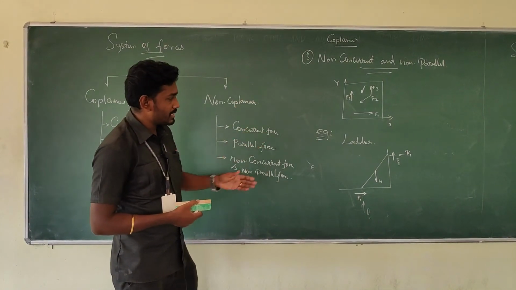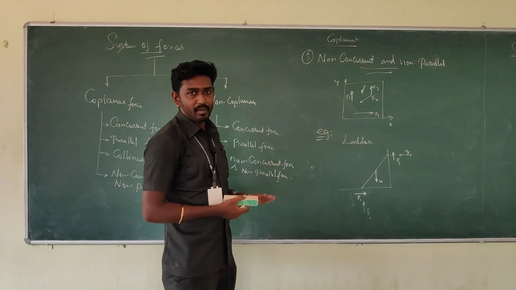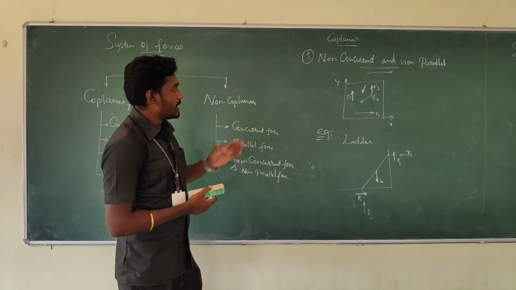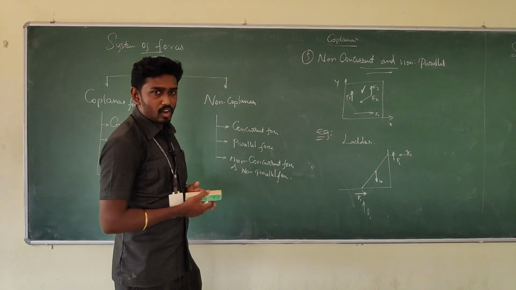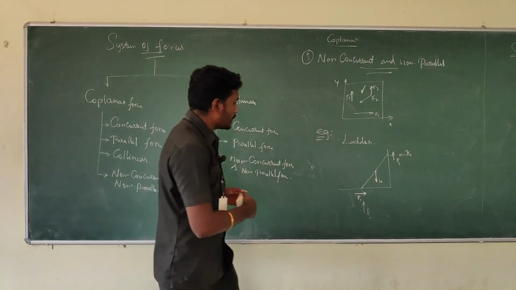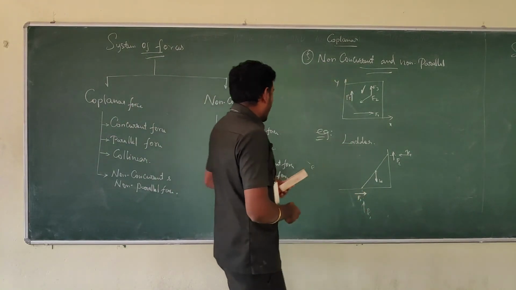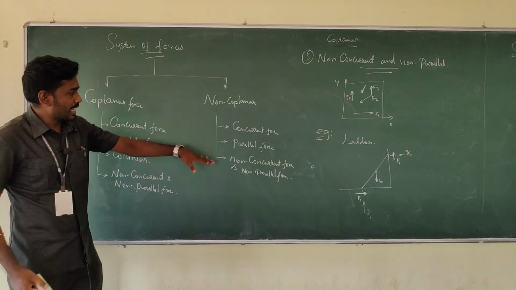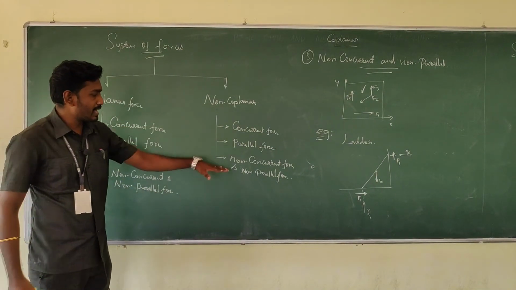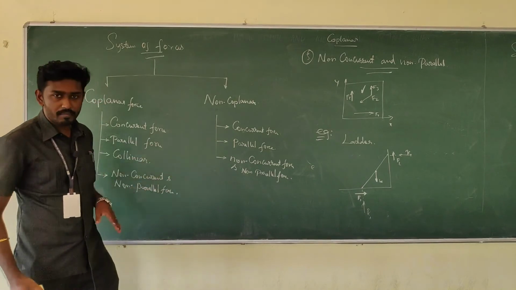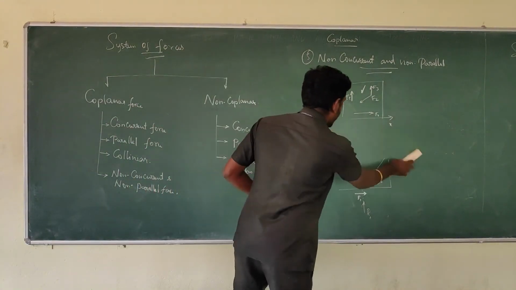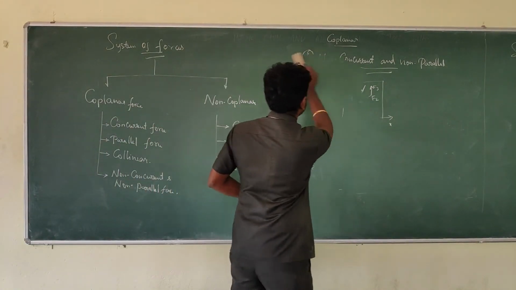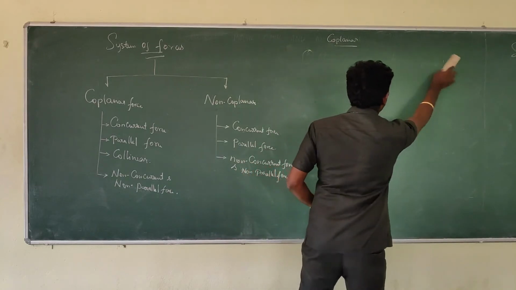So I'm saying this is the best example for non-concurrent or non-parallel forces, the ladder. And the next one, non-coplanar forces. There we have three: concurrent, parallel, and non-concurrent and non-parallel forces. First we can begin with the concurrent force.